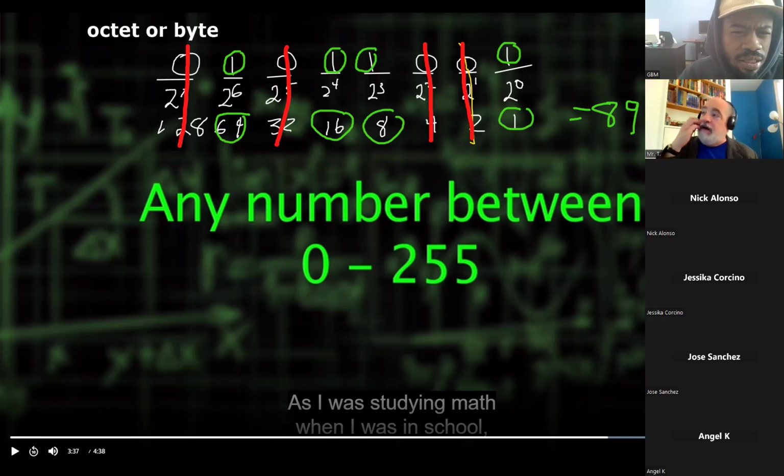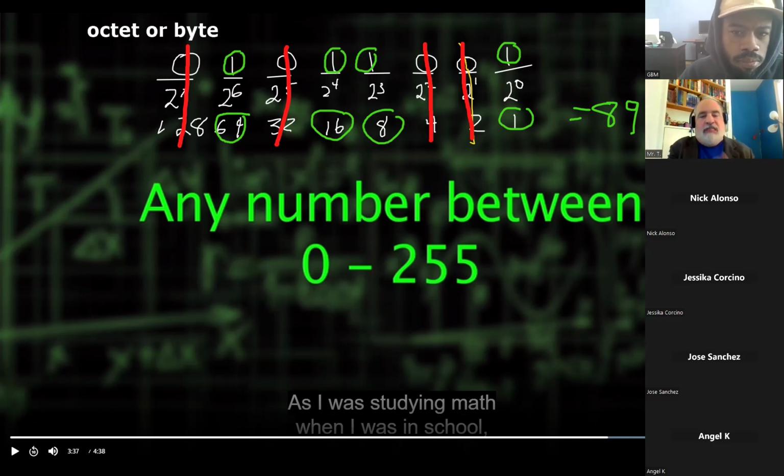Okay, so computers only talk in binary. They only talk in ones and zeros. So every time you're typing on your keyboard, whether it's a letter or a number, behind the scenes the computer is converting that to a byte, which is a binary digit. And again, it can vary anywhere from 0 to 255. And that's what the computer understands.